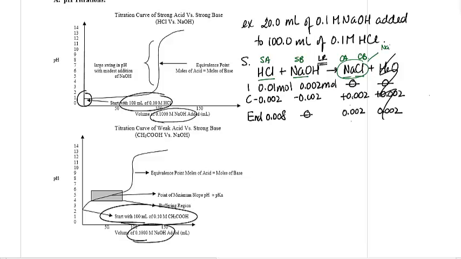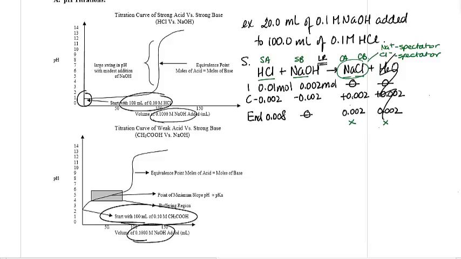So Na plus is a spectator ion, as well as Cl minus, it is also going to be a spectator. Now, once we have established that, the idea here for the spectator is that it will no longer do anything else in the solution. So we don't have to worry about the NaCl, and we don't have to worry about the water.